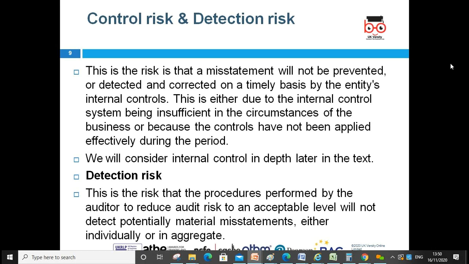Detection risk. This is the risk that the procedures performed by the auditor to reduce audit risk to an acceptable level do not detect a potential material misstatement. So we did the audit, we picked a 10% sample, but the sample did not detect it because we picked the first 10 transactions, and the first 10 transactions were absolutely fine.